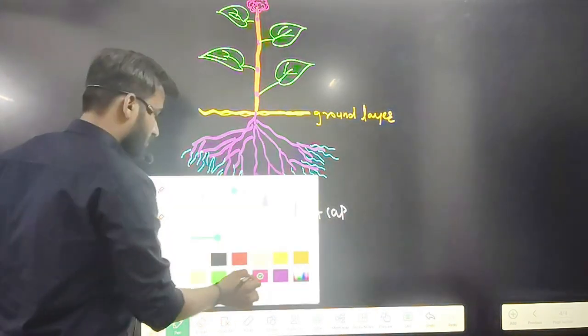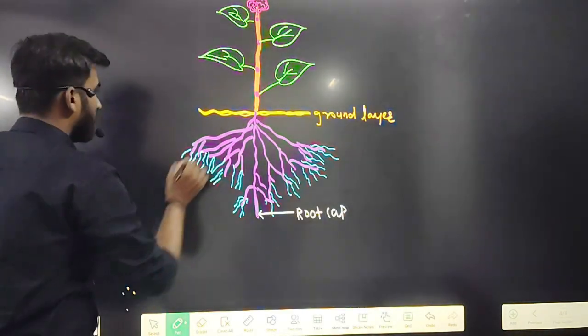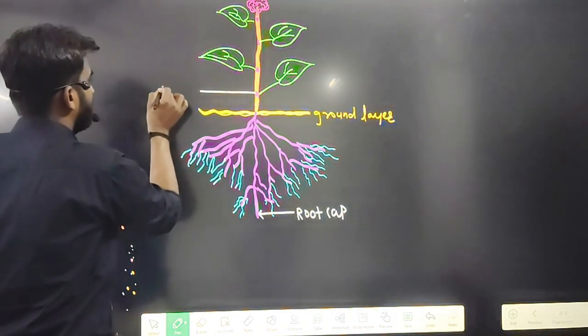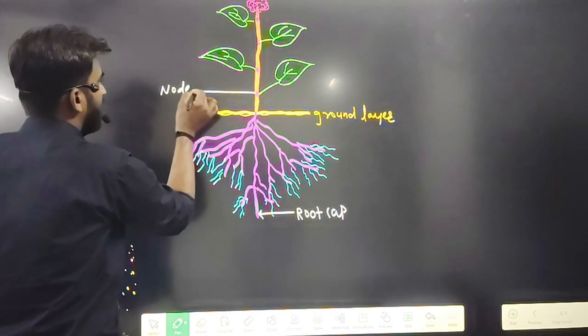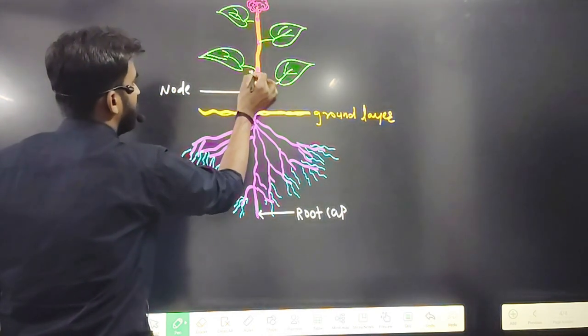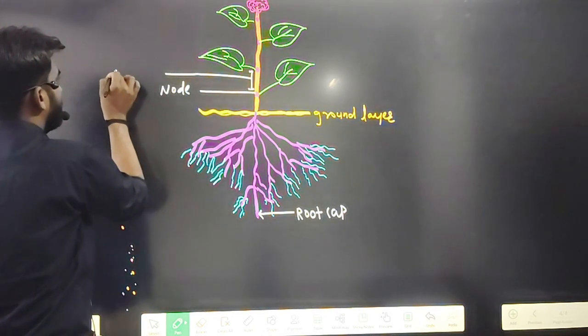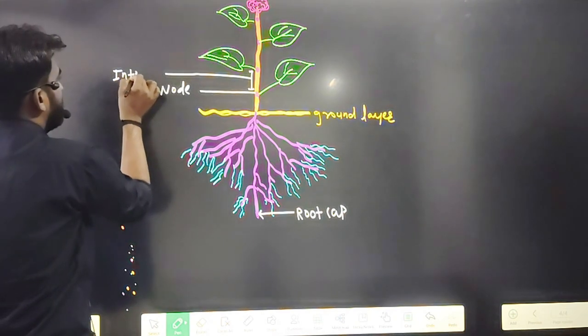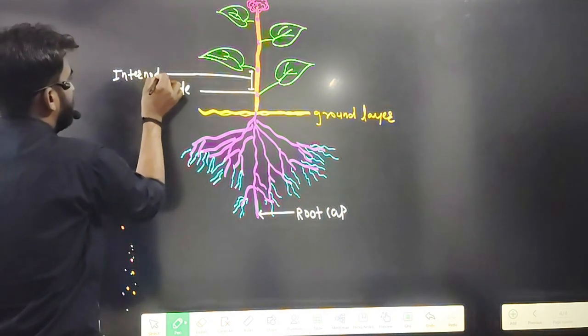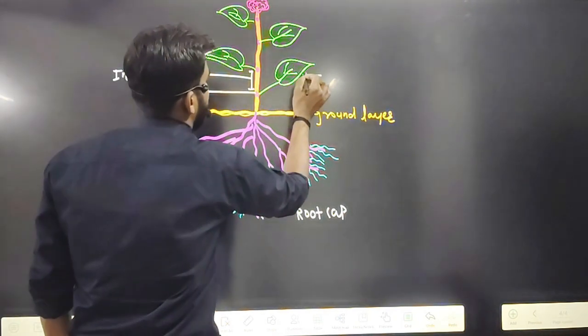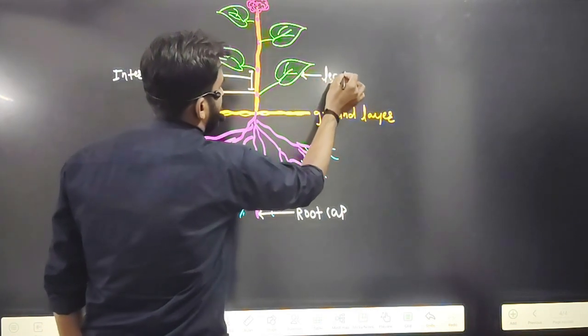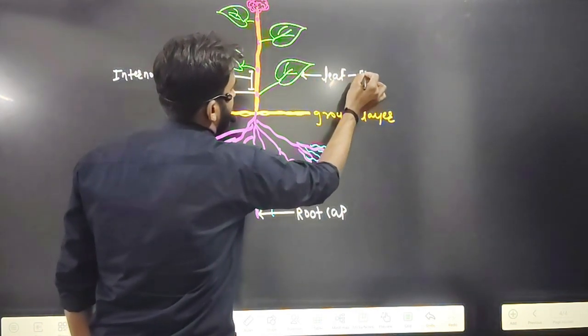So this is the node. In between the two nodes, it's called internode. This is the leaf, responsible for the photosynthesis.